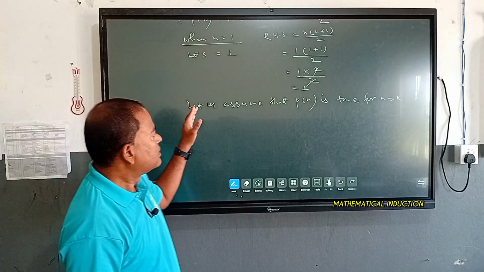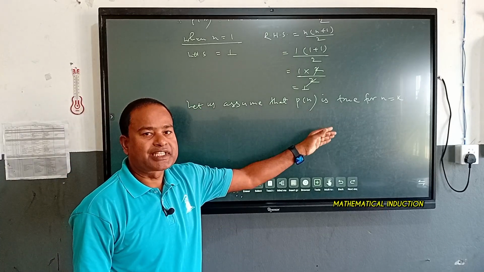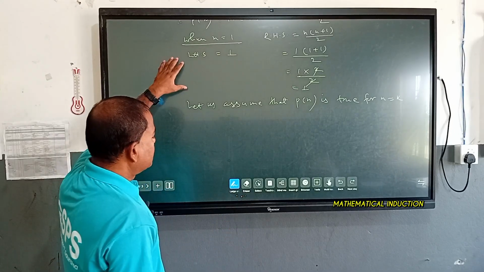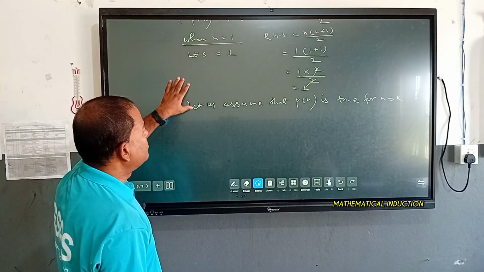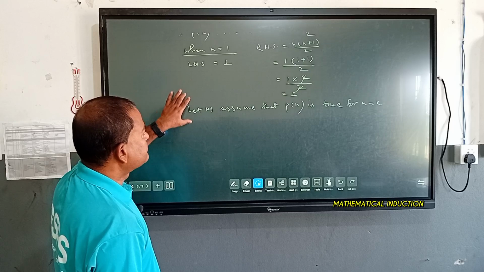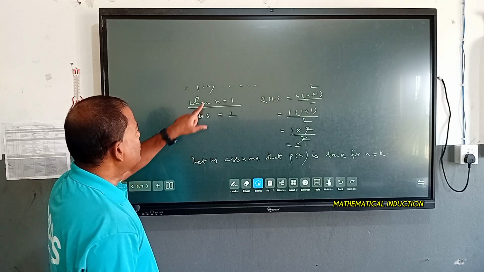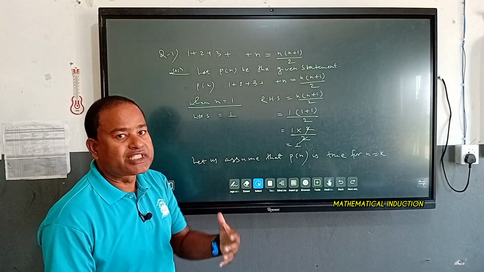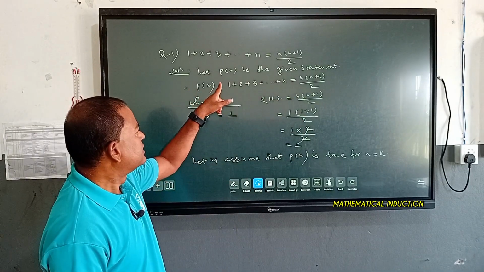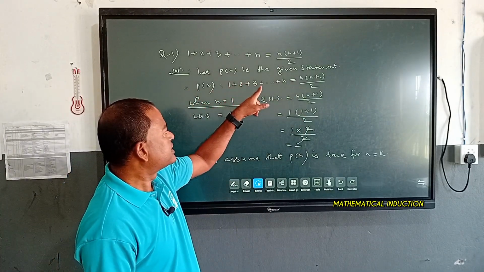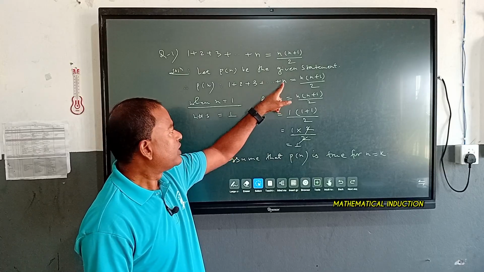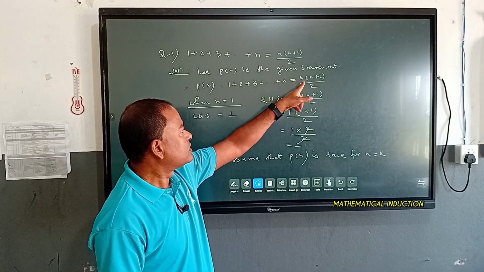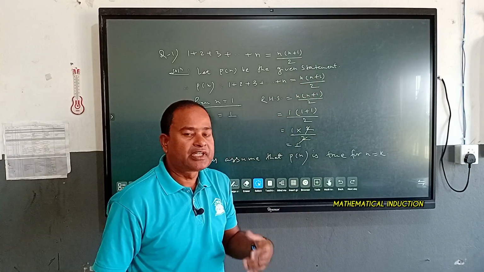We have to suppose that the given statement is true for n equals k. So if we put the value of n as k in the given statement, then our statement will be Pk such that 1 plus 2 plus 3 plus ... plus k, replacing n with k, is equal to k times k plus 1 divided by 2.